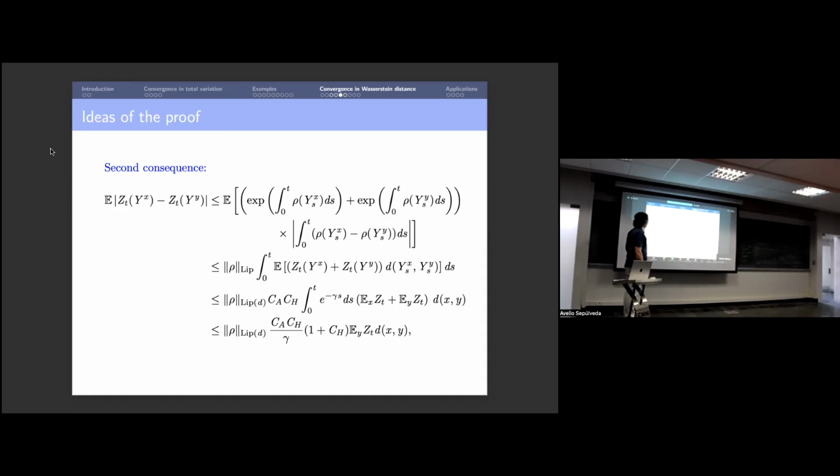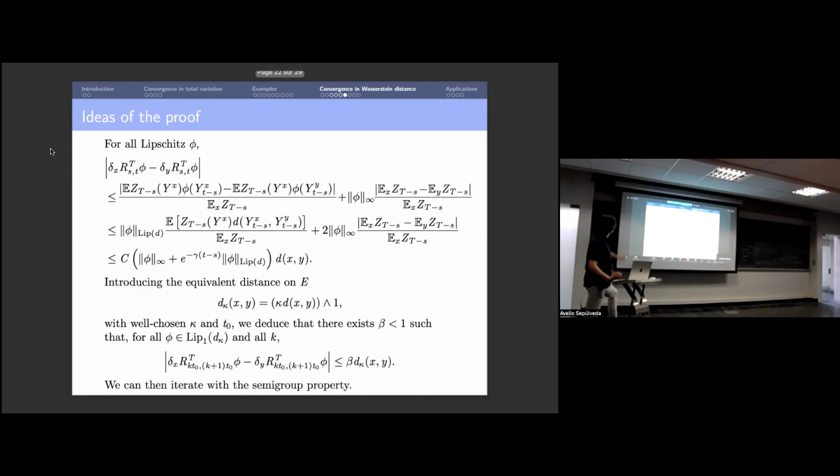The proof of that relies heavily on the Harnack inequality I mentioned before. Again, I'm not going to give the details, but if you're interested, we can discuss that. And this point is the one needed to make the simple computation in this slide work, which is the central step of the proof.